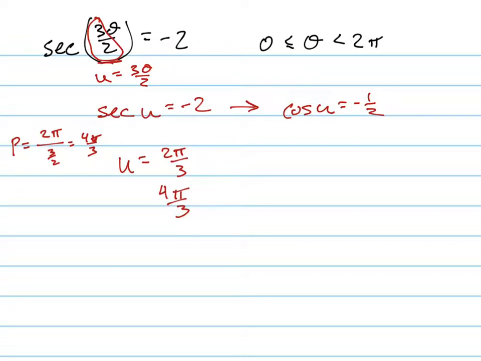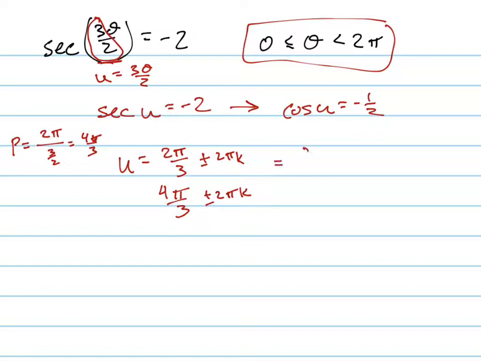You don't know exactly what it equals, but you're going to have to add 2 pi at least once to both of these and see which of those, when you solve for theta, is still between 0 and 2 pi. That's just the best way to do it. Actually, technically, it's plus or minus 2 pi k.